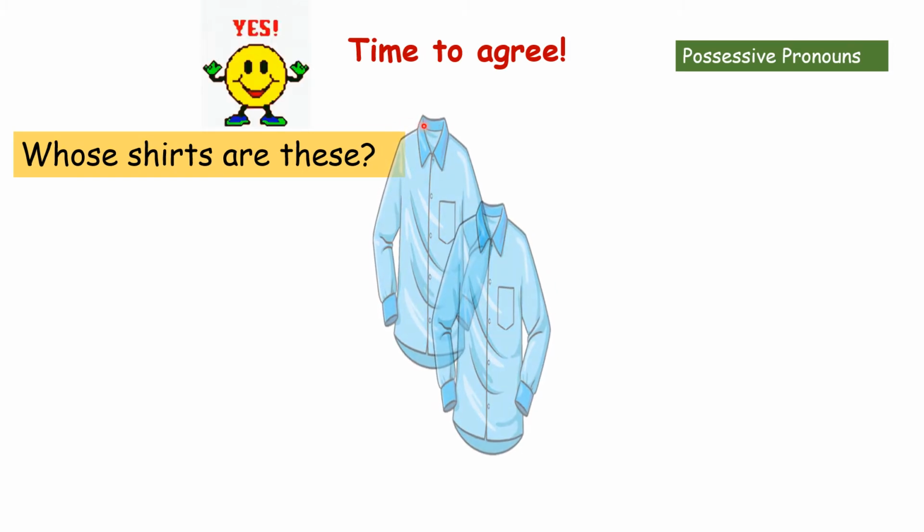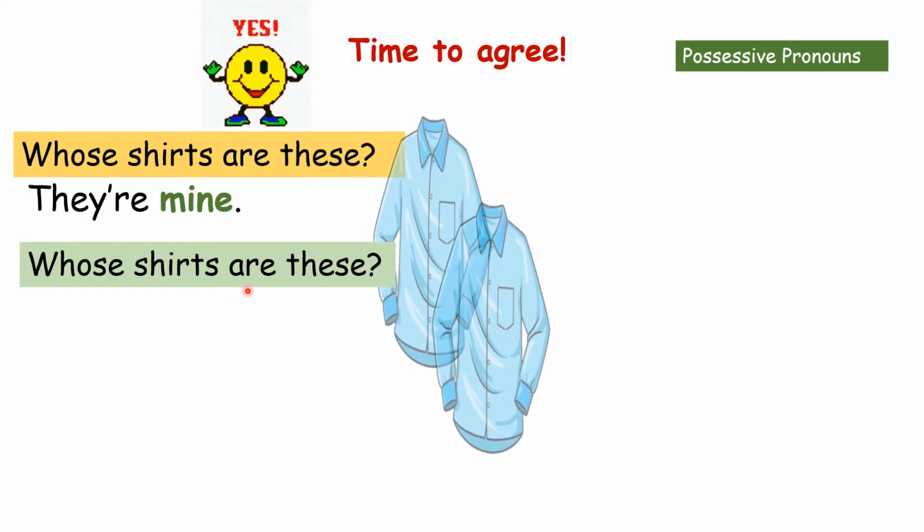So to answer this question, to confirm the belonging of these 2 shirts, we can say, they're mine. Remember, they're stands for they are. They are mine. Meaning to say, yes, that it belongs to me.